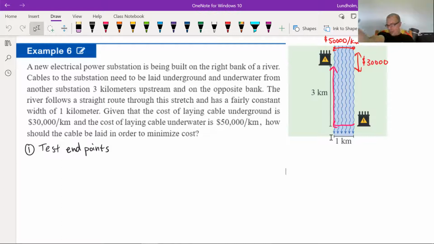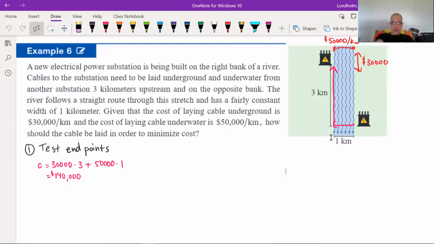So in this scenario, where we go straight across and straight up, the cost would be $30,000 times the 3 kilometers plus $50,000 times 1 kilometer. And doing that math, we've got 90,000 plus 50,000, which is 140,000.